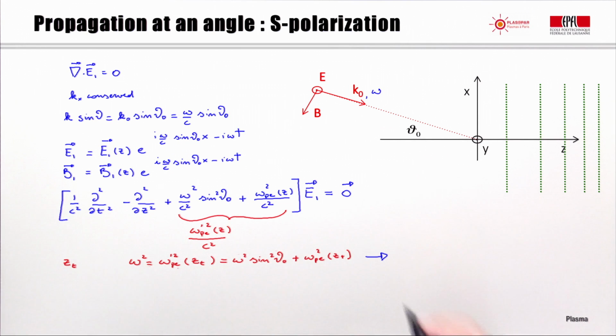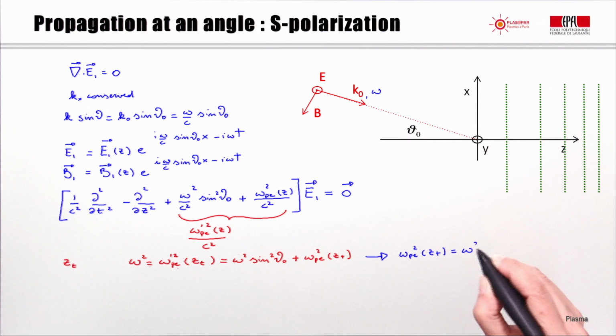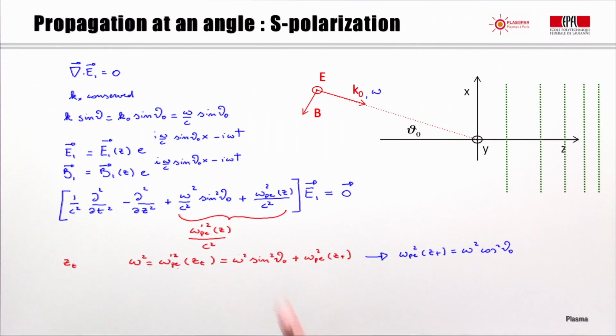This equation can be simplified by bringing this term to the other side. This condition means that the turning point will not be at the critical density, but at a lower density value, at an earlier position. In fact, we can rewrite this equation in the form so that the turning point is for a lower density.